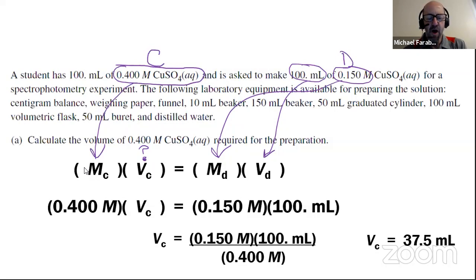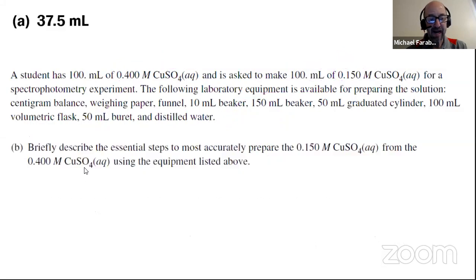Okay, so now I've got to take a look at the equipment. In part B, I know I need 37.5 milliliters. Briefly describe the essential steps to most accurately prepare the solution. Well, let me go ahead and see if I can do my best. So forgive my lack of artistic talent here. I'm going to skip the part about the balance and weighing paper because we are measuring volume here.